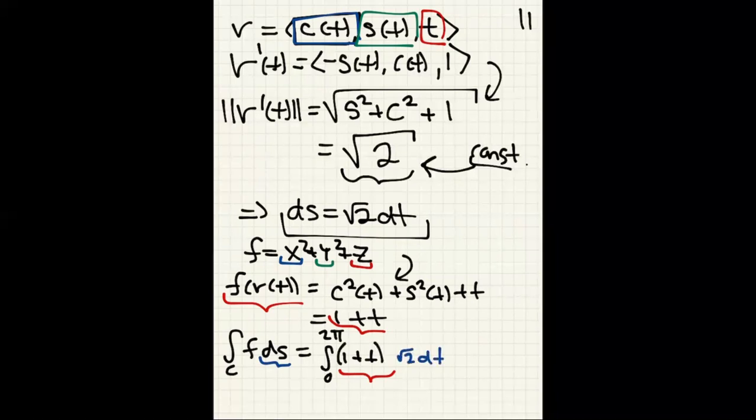I'm not going to do the integral because I know every single one in this class can do this integral. I'm just going to write the final answer. I did this on my own last night. I think it should be root 2 times 2 pi plus 2 pi squared. I believe that's correct.